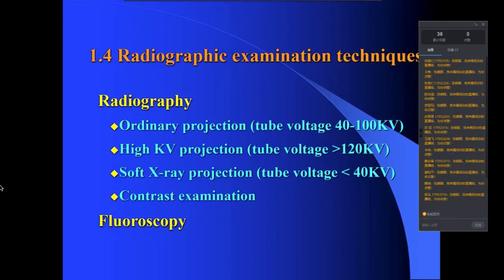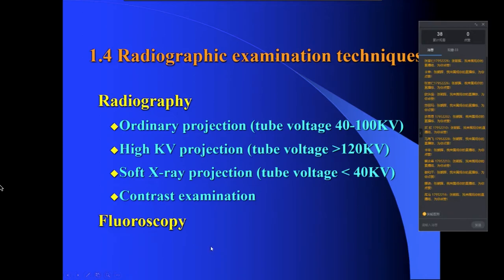Now let's talk about radiographic examination techniques. As you already know, based on the imaging display method, there are mainly two types of radiographic examination techniques: radiography and fluoroscopy. The former displays the image on the film, and the latter displays the image on the screen.